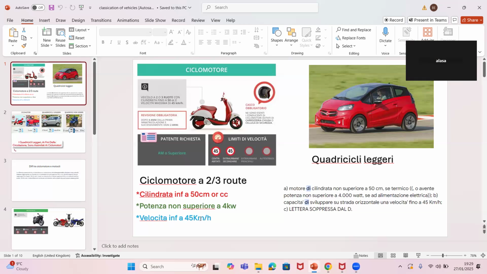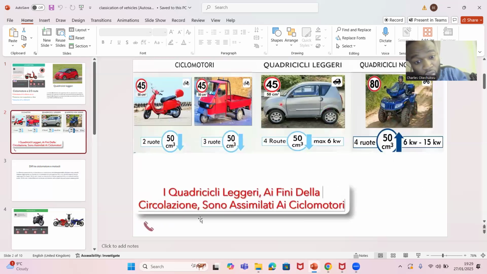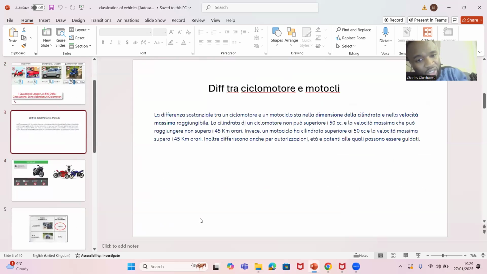Let us now enter quadricicli non-leggeri. Everything we have discussed concerning ciclomotore is the same; the only thing that changes is the horsepower. For motocicli, I told you it is up to 11 kilowatts.